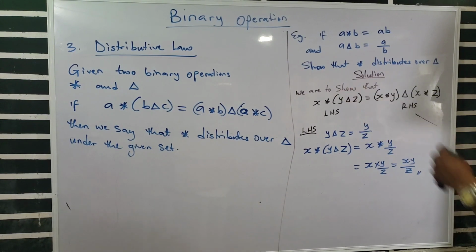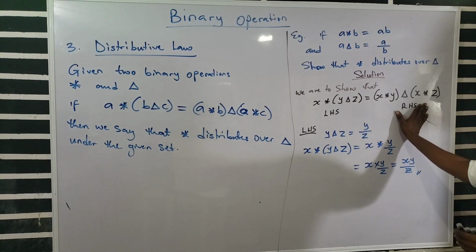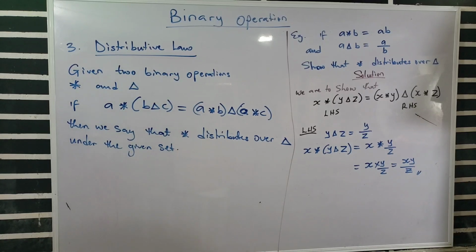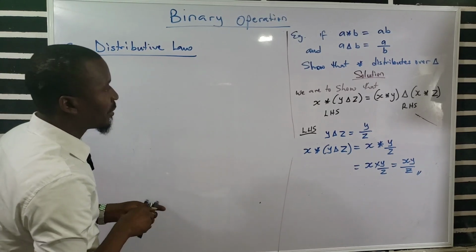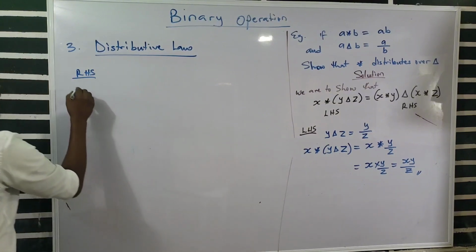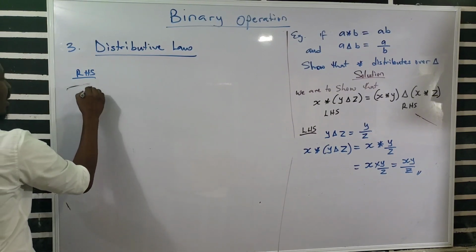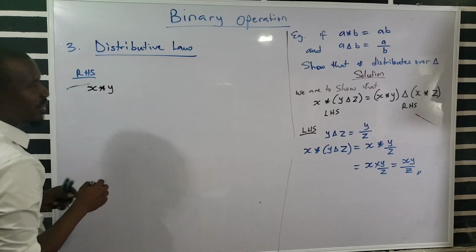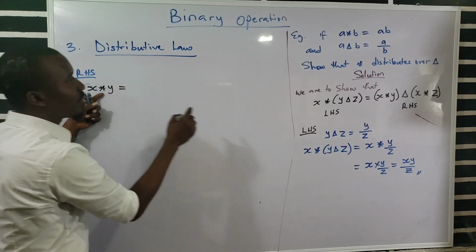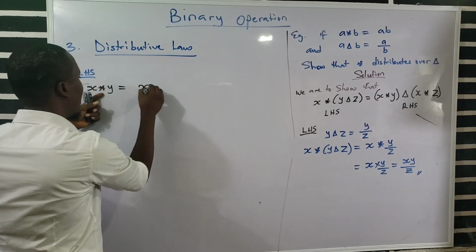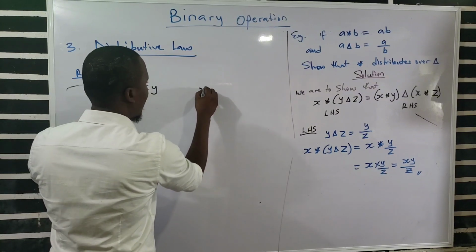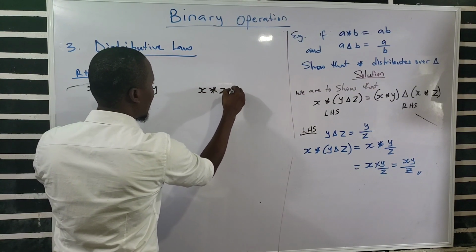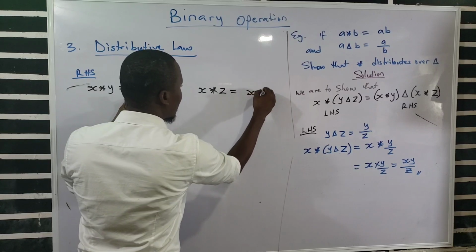So let's come here and do the right hand side and see what we are going to get there. On the right hand side, we have X binary Y, which is in brackets. So obeying this rule of combination, I'm going to have XY, and also I have X binary Z, which will also give me XZ.